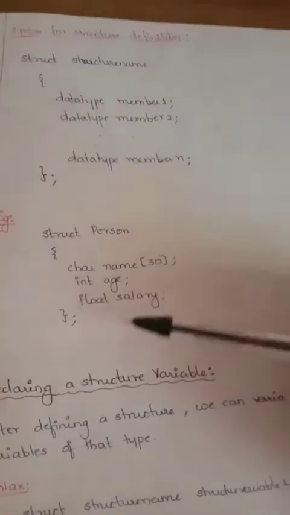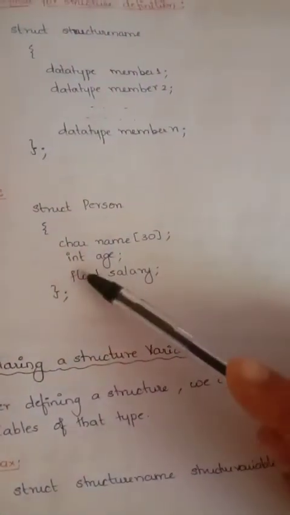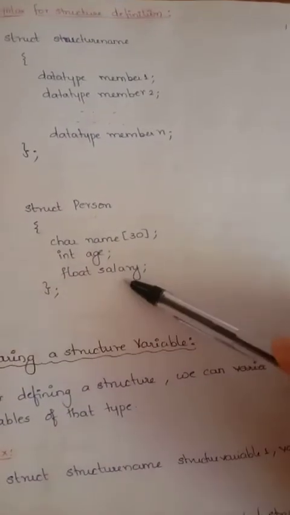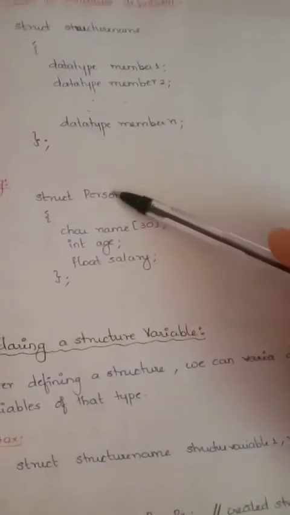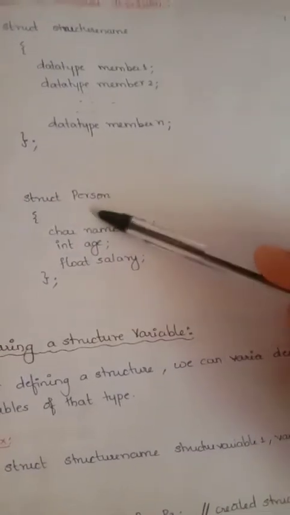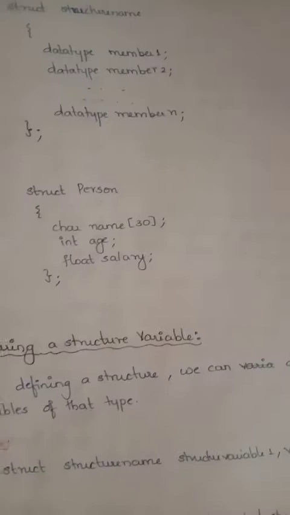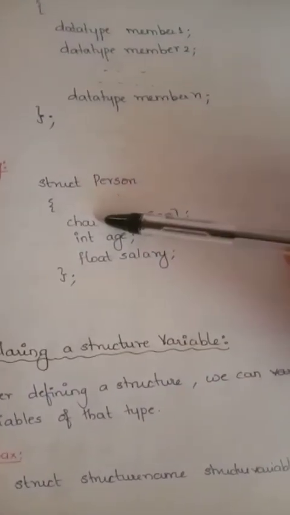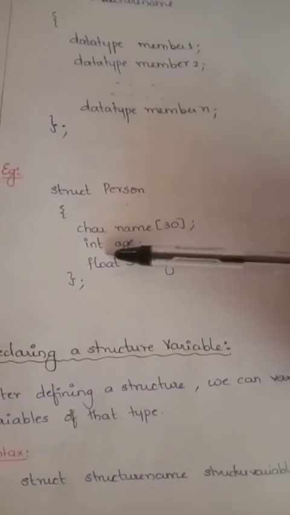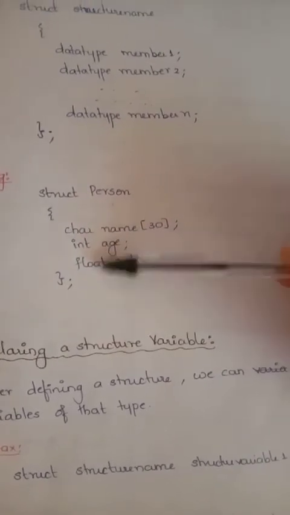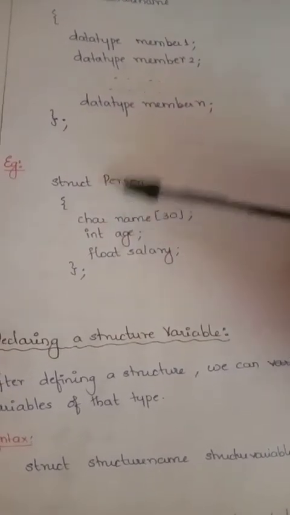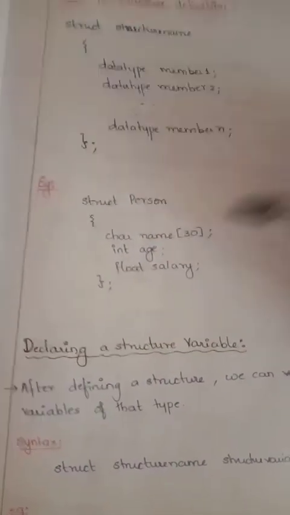Age is an integer, so int age, and float salary. Have you noticed the first one is a char, the second is an int, the third is a float. There are different types of data grouped into a single thing, called a structure. So this is how you define a structure.